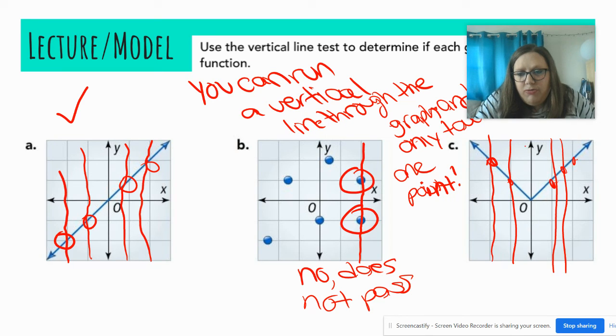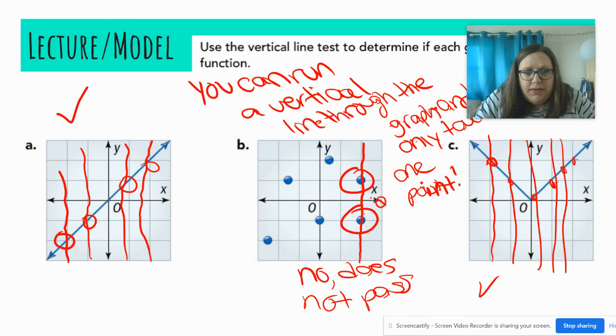Any vertical line I draw, it only hits once. So that also passes the vertical line test. So A and C are functions, B is not. Because B, the input X, which in this case would probably be 2, has two outputs, 1 and -1.